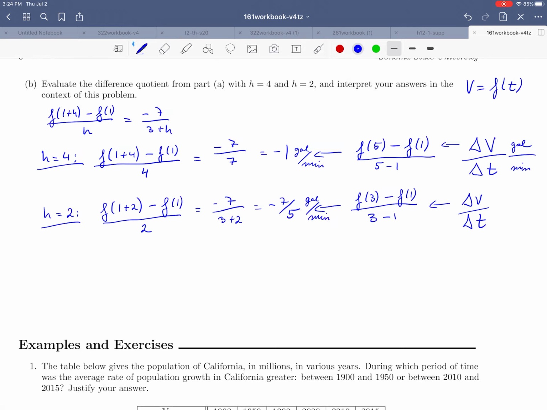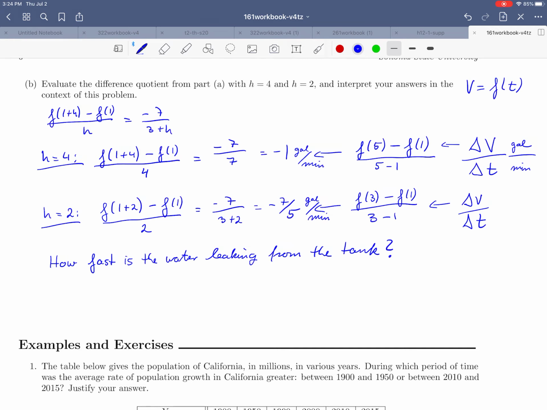Those two numbers are telling us how fast the water is leaking from the tank. And they provide answers.